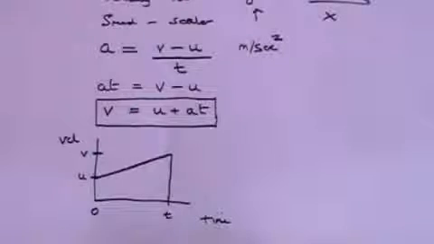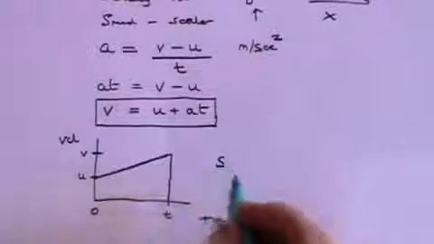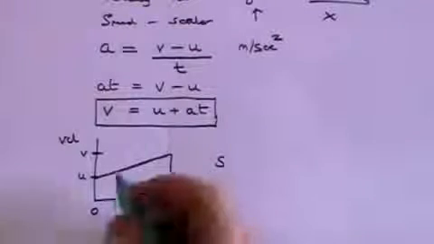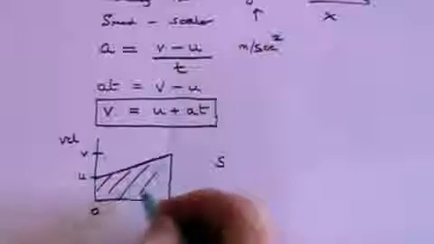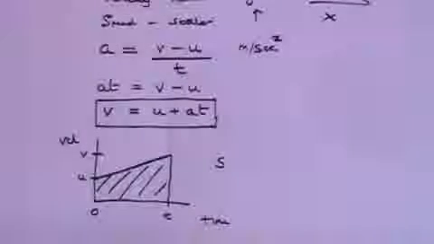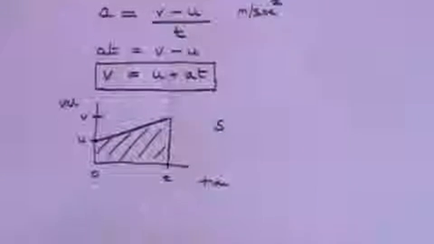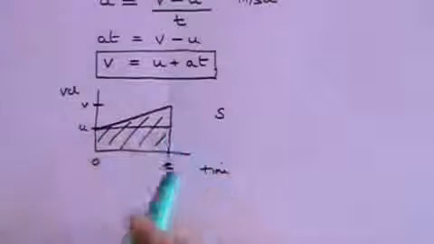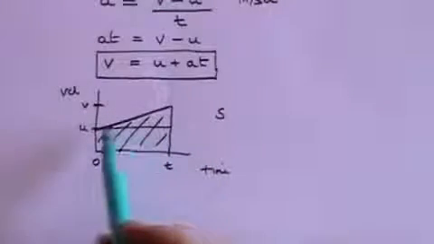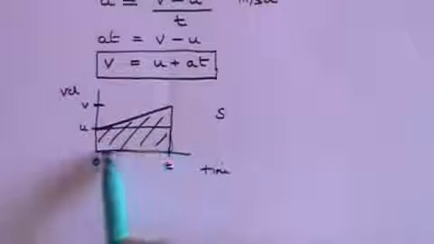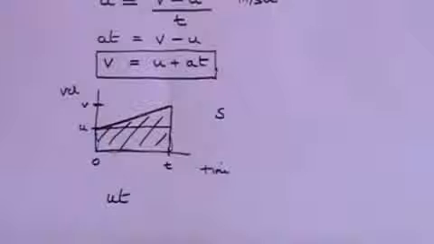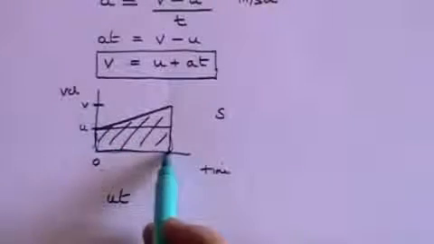What is the distance that you've travelled? Distance, as we've said, is represented by the letter s. And the distance is the area under that curve. Well, this area here is simply u times t.